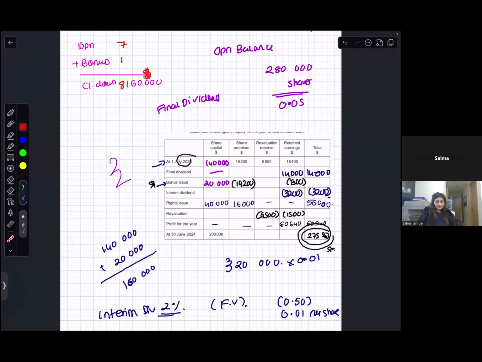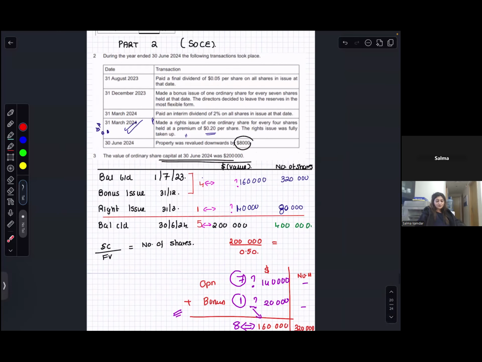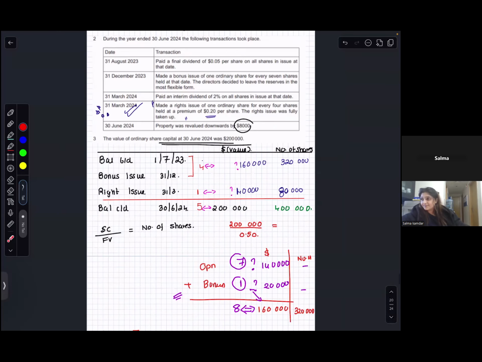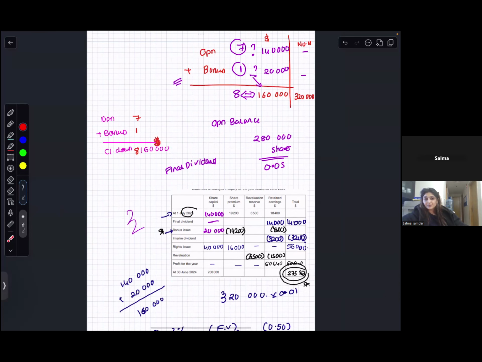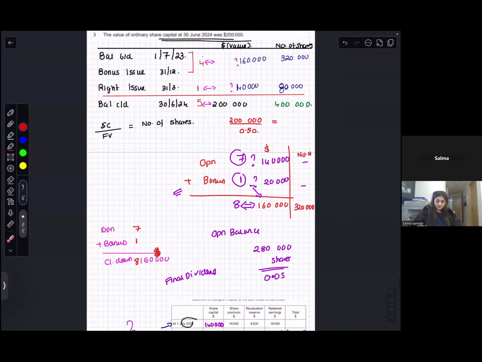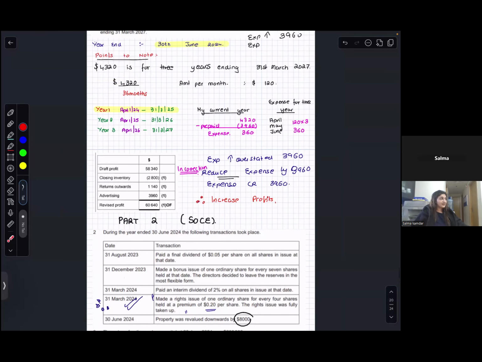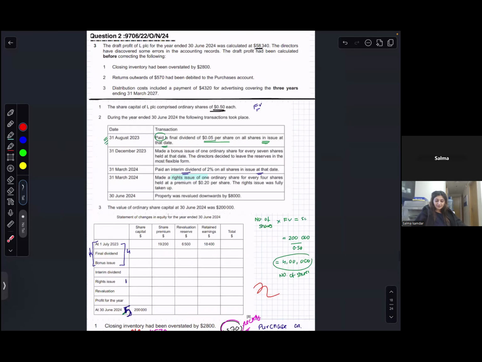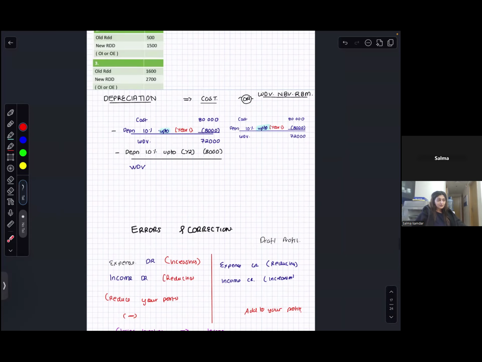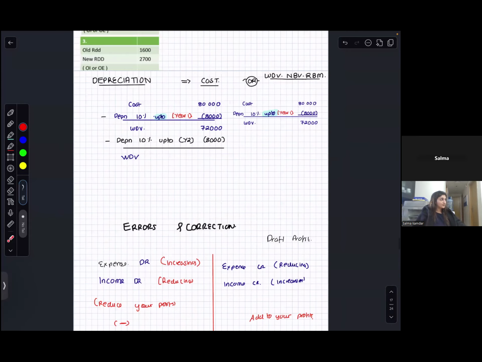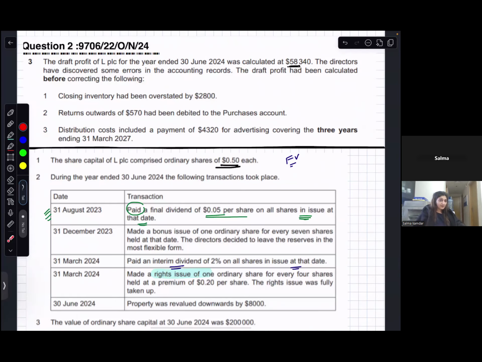Be mindful of it. And then they ask you to prepare your SOCE. That is the only thing with this question, and this question was a real tricky one, when you had to calculate the bonus issue, the rights issue, and opening balances. All three figures were missing. October, November 24, paper 22. Okay?